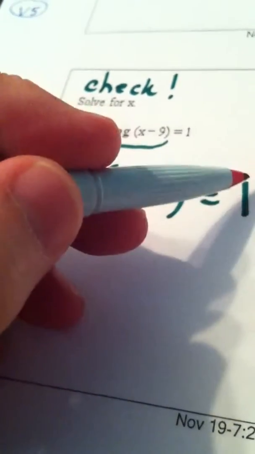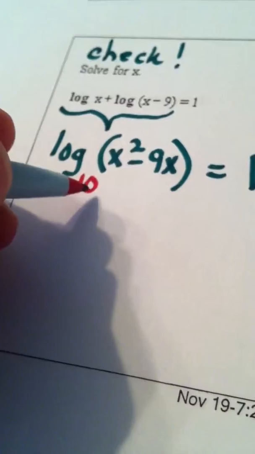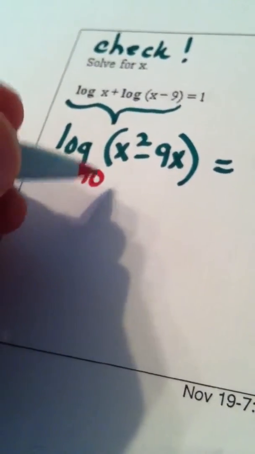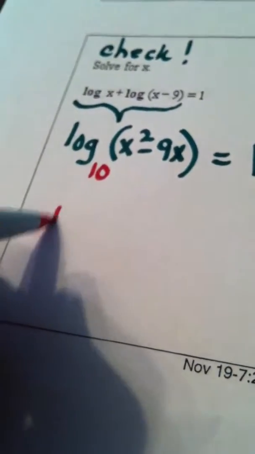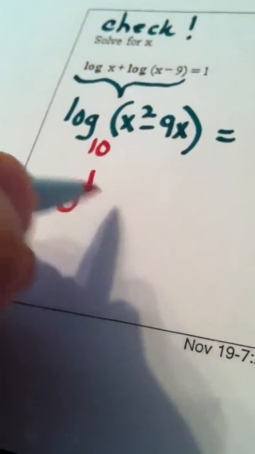Remember that the answer to a log function, the output, represents the exponent that this base is raised to give you this answer. So when I convert this, I start with the base, which is 10, I raise it to this power, which is 1, and that gives me the answer x squared minus 9x. So I have 10 equals x squared minus 9x.